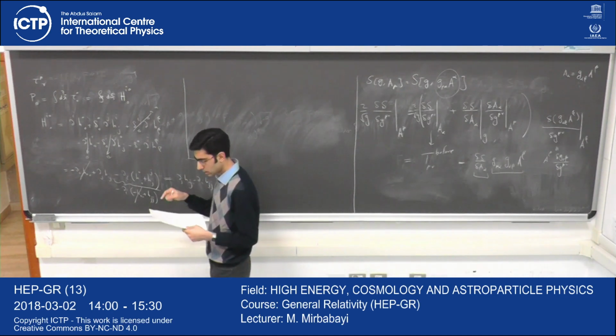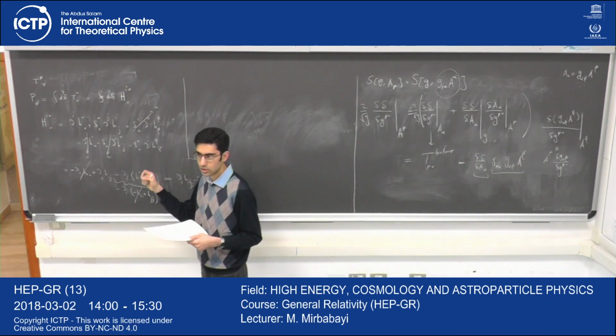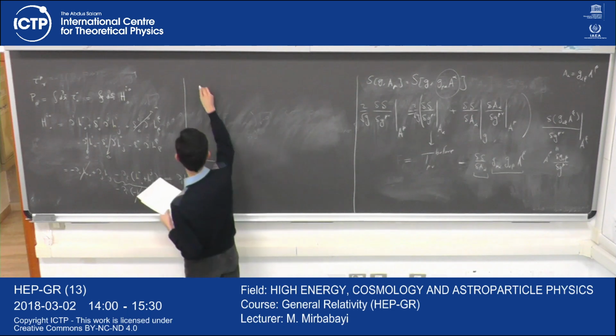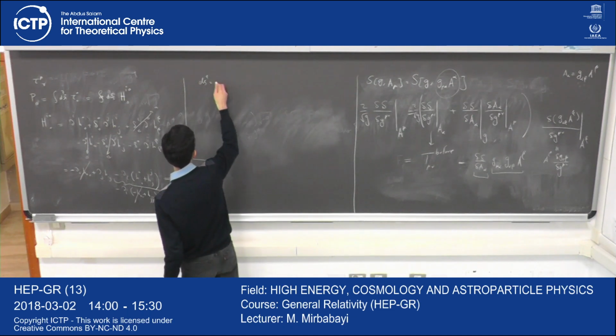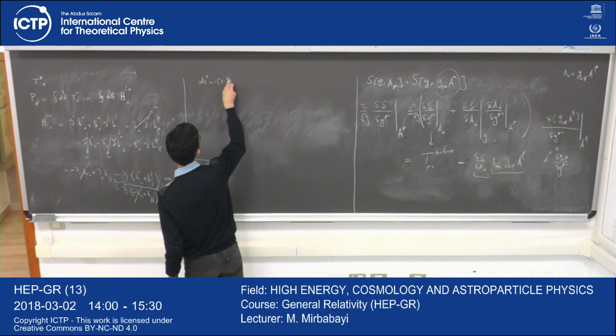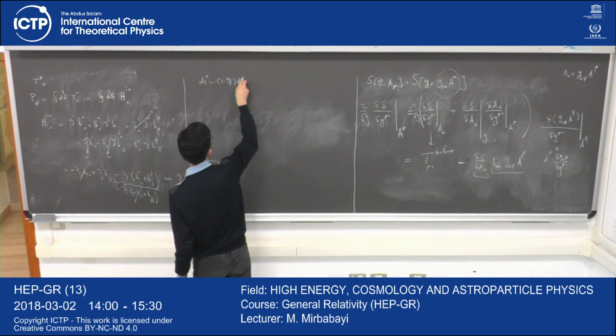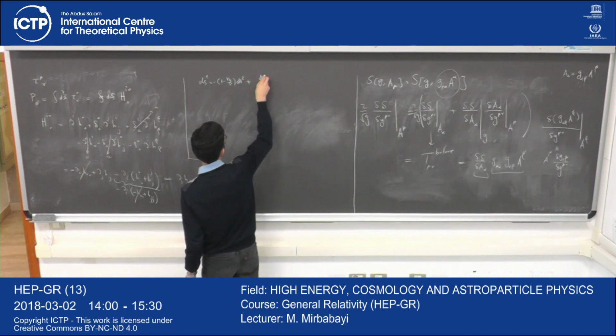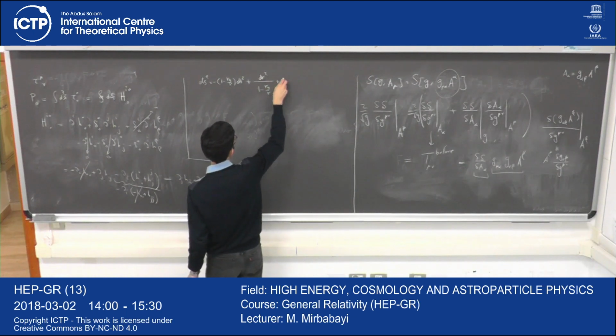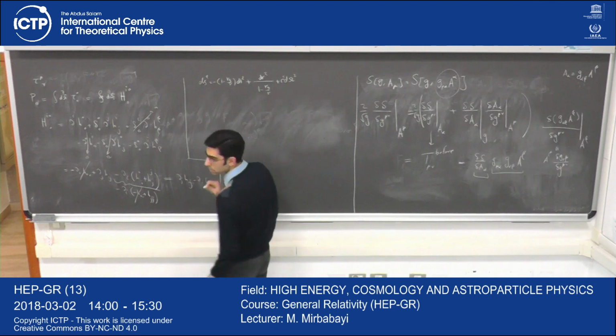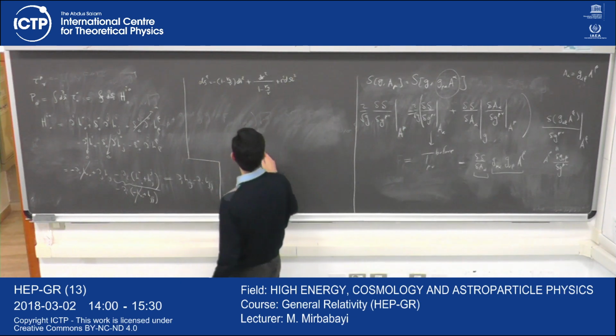Now, given the metric, I can see how it looks asymptotically. The metric is minus (1 minus R_G over r) dt squared plus dr squared over (1 minus R_G over r) plus r squared d omega squared.